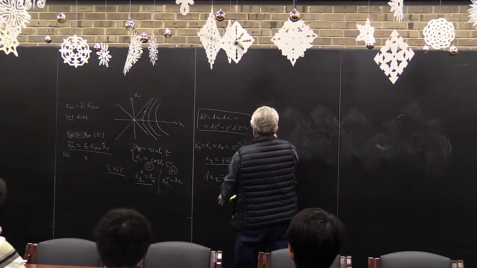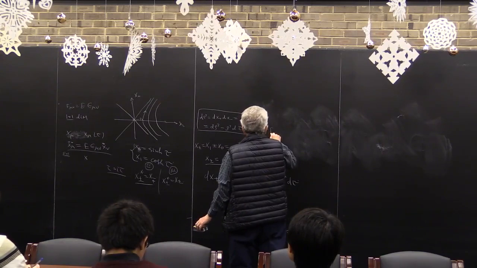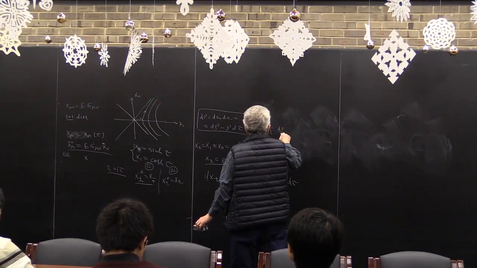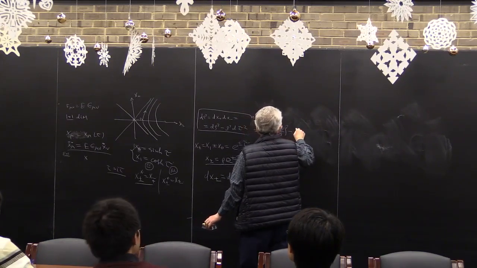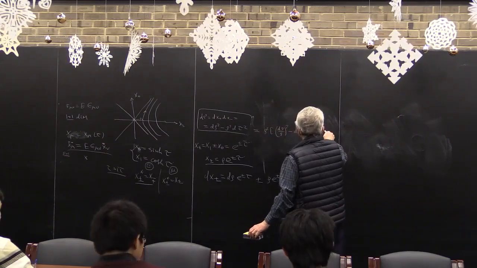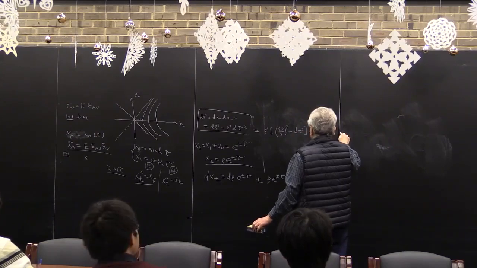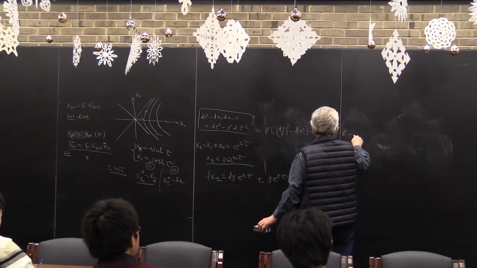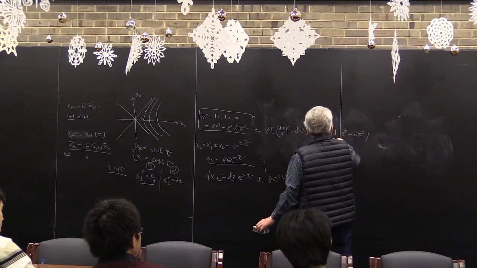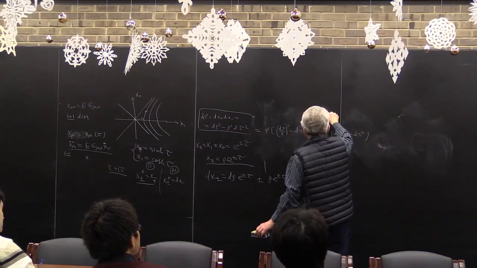I can write it down as rho square d rho over rho square minus d tau square, which is e to the 2z, d z square minus d tau square, where z is the logarithm of rho.